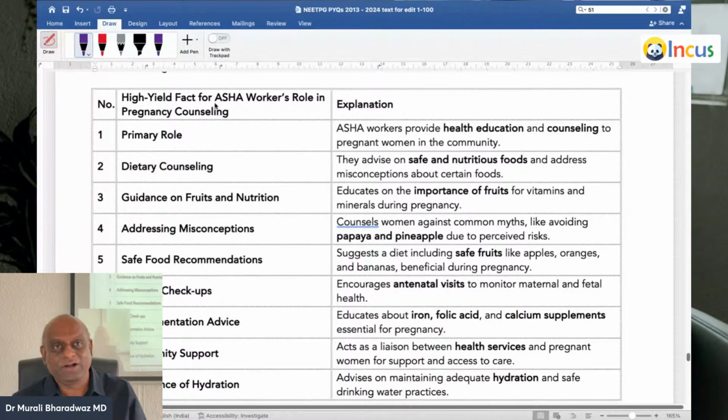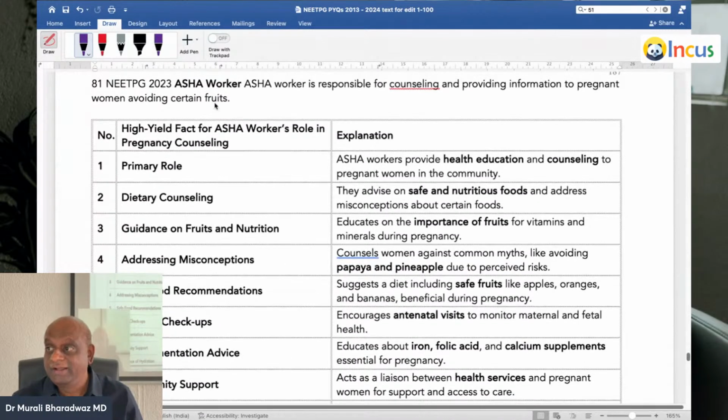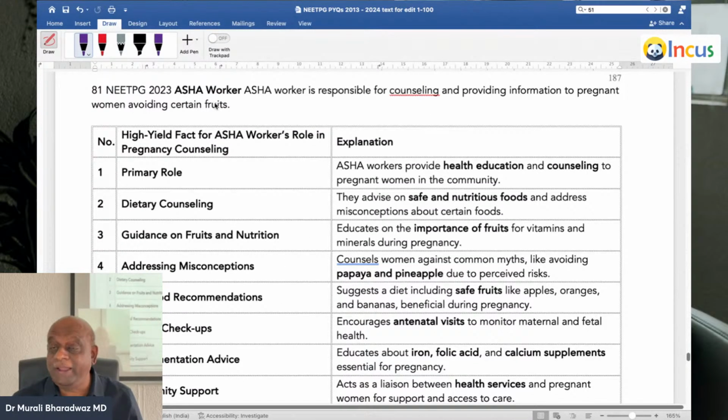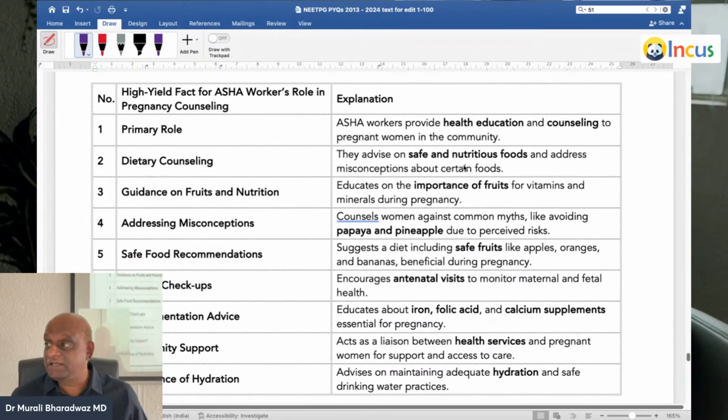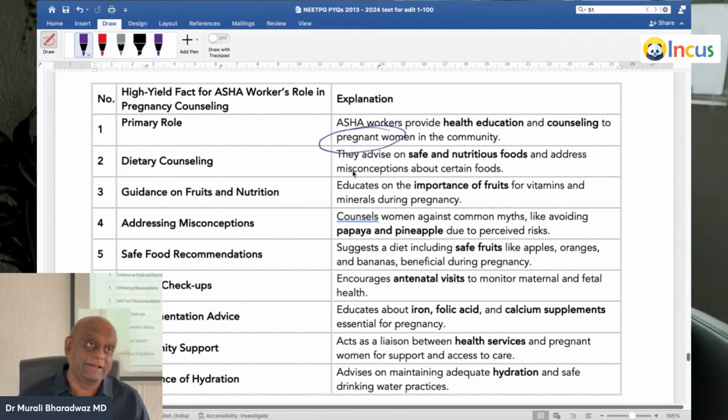ASHA, what are her roles if you don't know? NEET PG results will bring Nirasha. So ASHA is your Asha to get into MD Gynops. So ASHA provides health education and counseling to pregnant women.